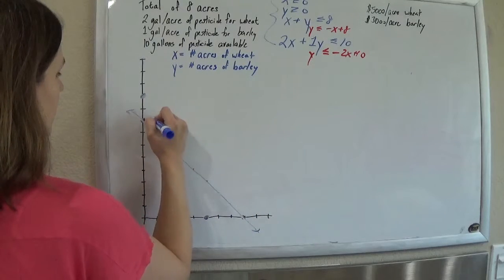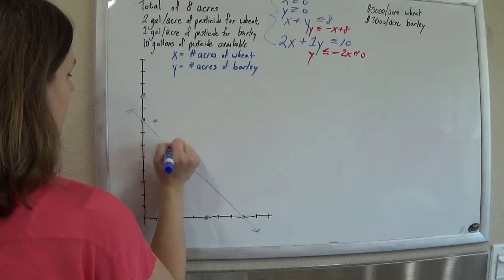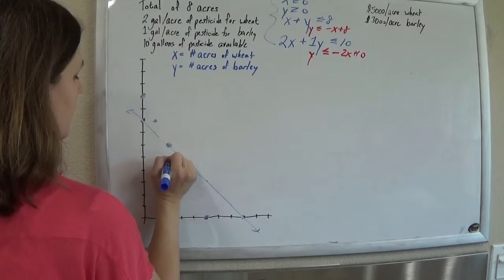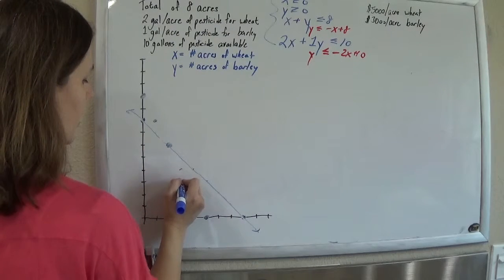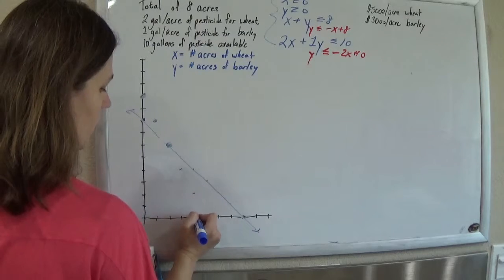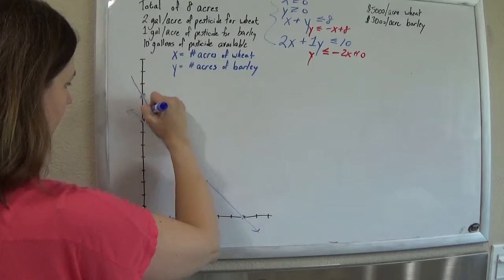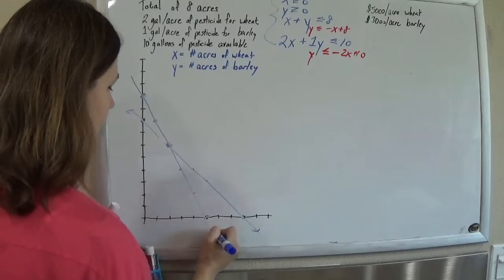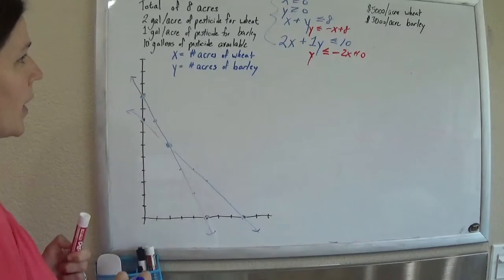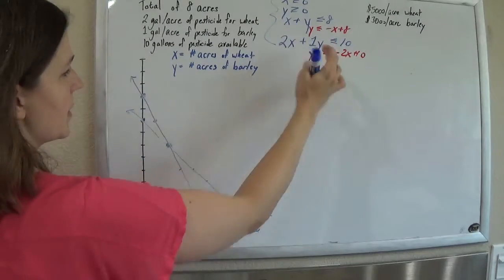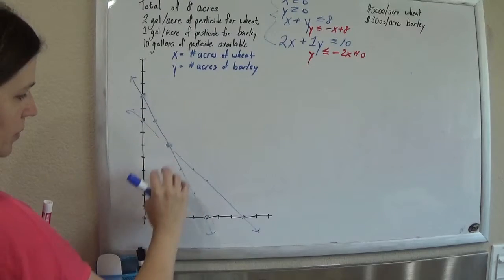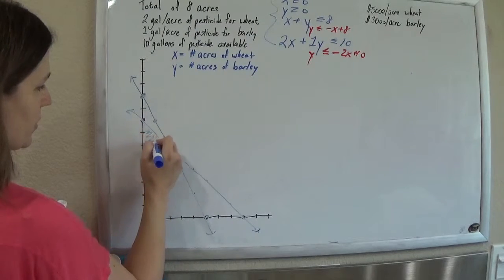So I'm going to go down 2 and over 1, down 2 and over 1. Looks like they meet right there. Down 2 over 1, down 2 over 1, down 2 over 1. That's that line there. And remember, I wanted to be less than both of these lines, so shading beneath both of those lines would put us into this region here.